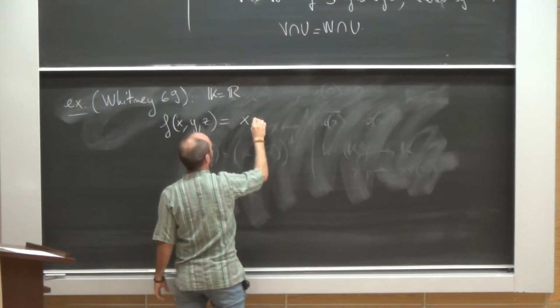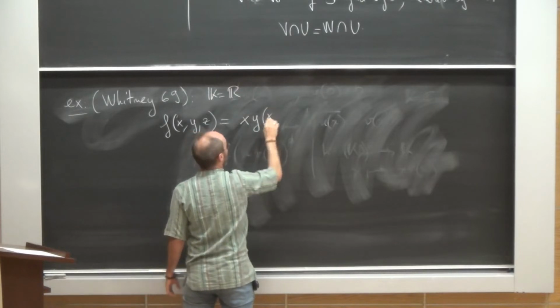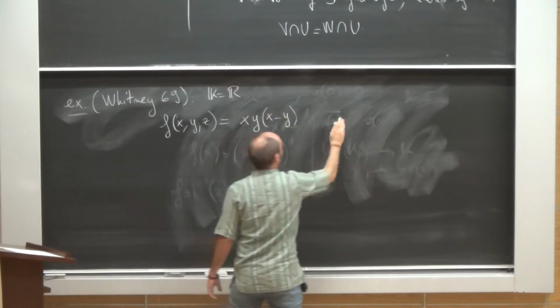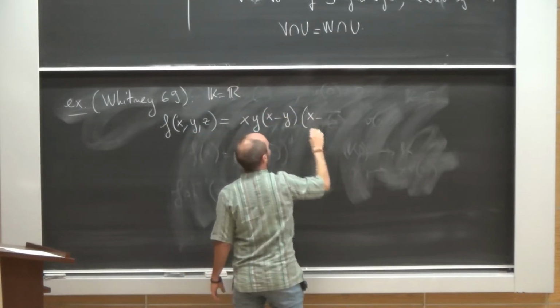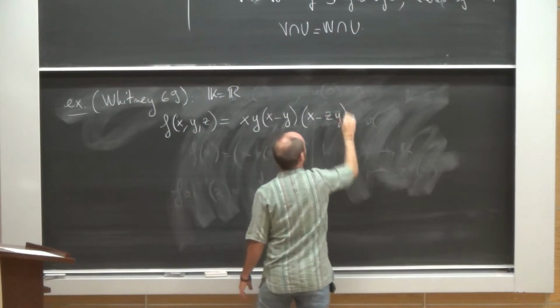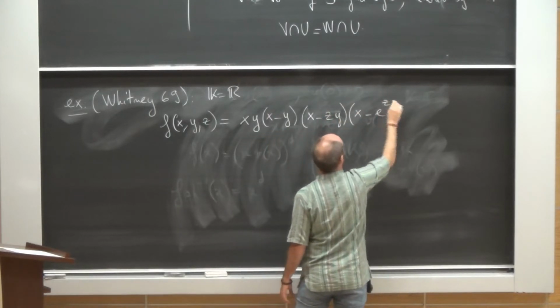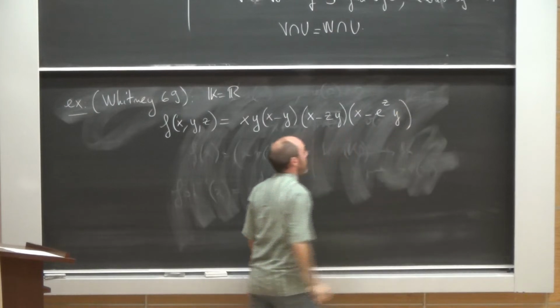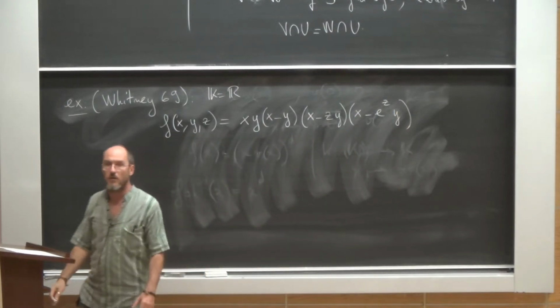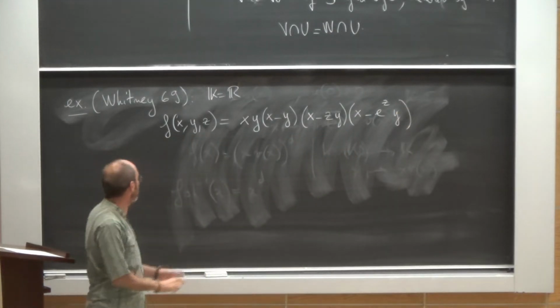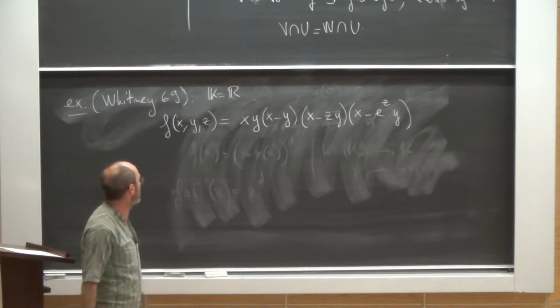This is defined as follows: f is x times y times (x minus y), (x minus zy), (x minus exponential of zy). Okay, so it's the product of 5 terms.